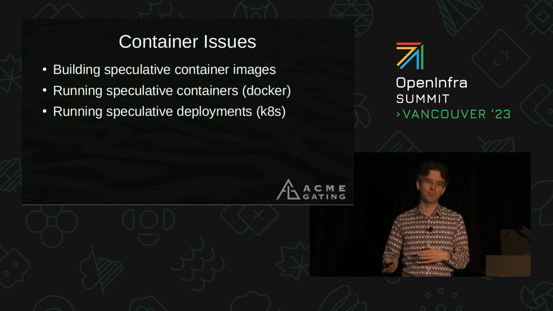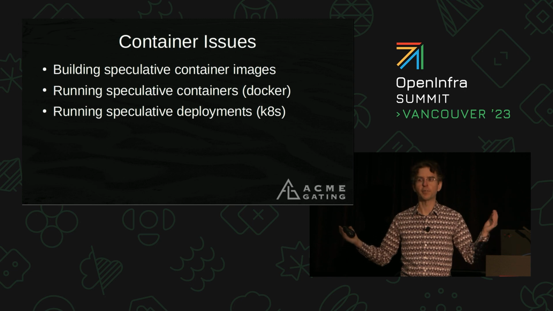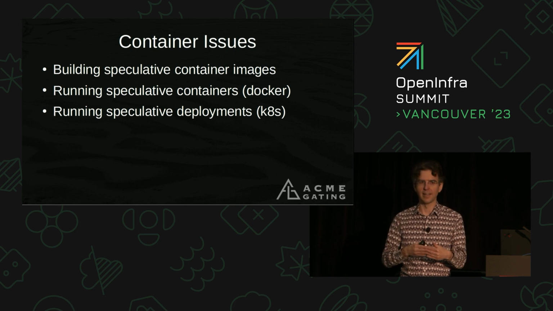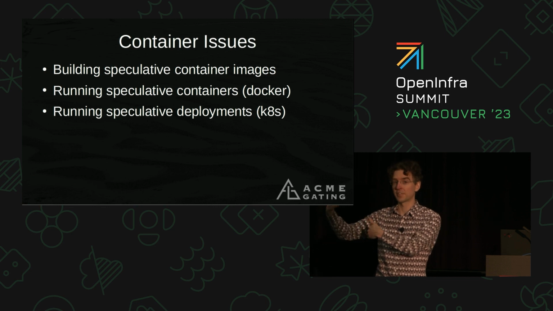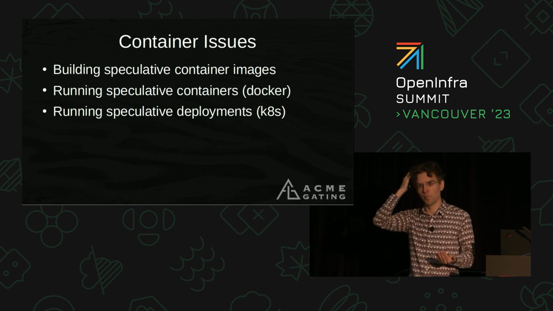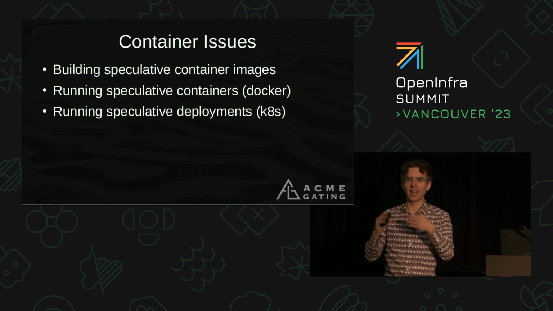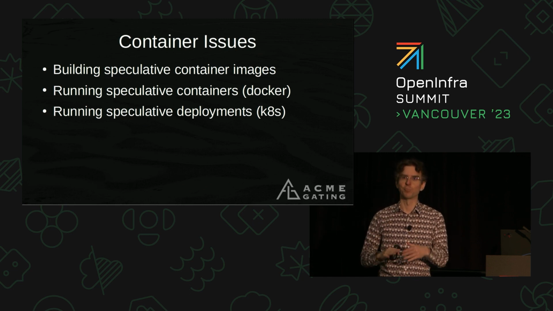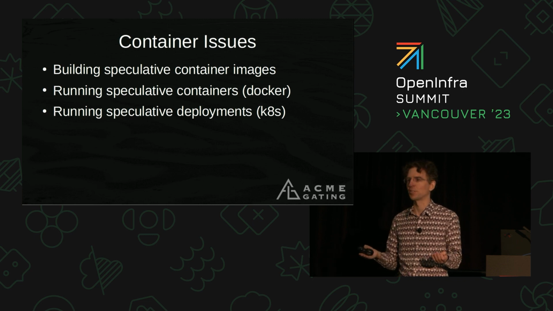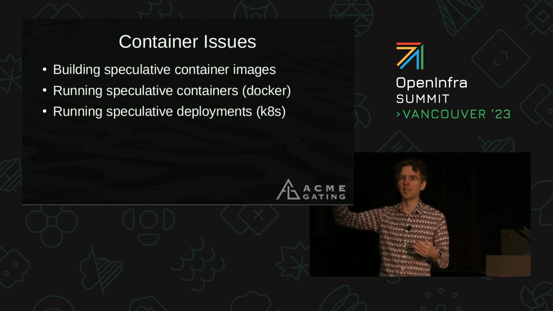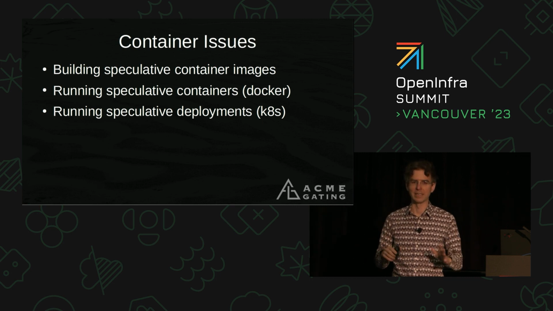So you might want to make a change to, say, a base image that you use for all of your services, and then you might want to make a change to the Grafana image that is built on top of that. Well, it's really awkward to change the from line in your Grafana container image to point to some unmerged random container image that's out there. You could do it, but it's a bad idea.